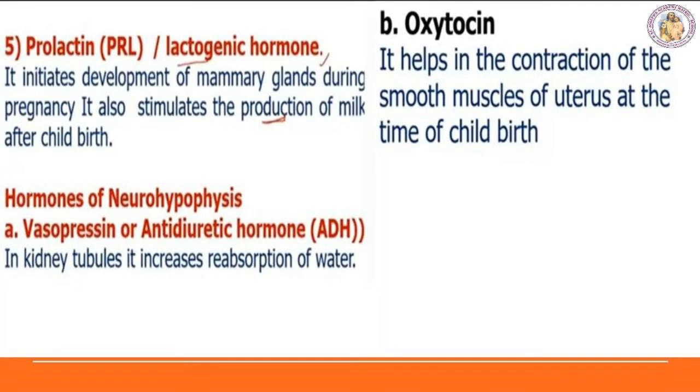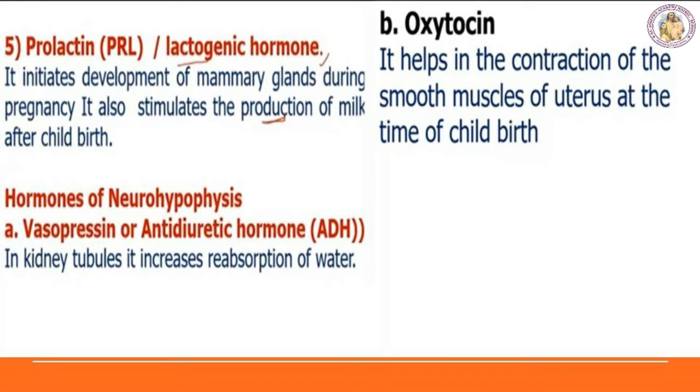Here we are going to see prolactin, PRL. It is called a lactogenic hormone. These hormones initiate the development of the mammary gland during pregnancy, which feeds our kids, isn't it? And it stimulates the production of milk after childbirth.